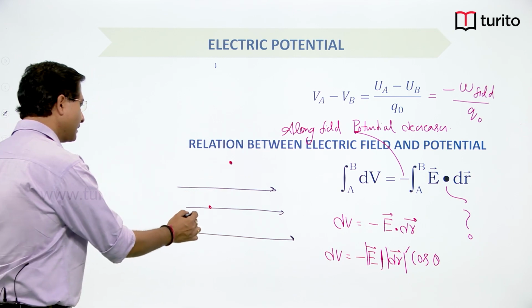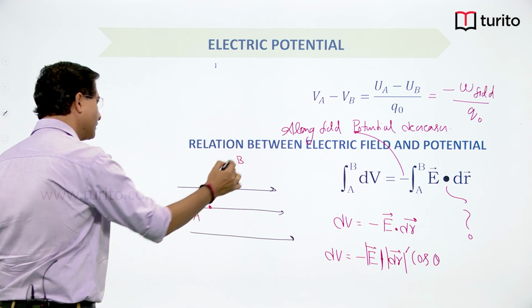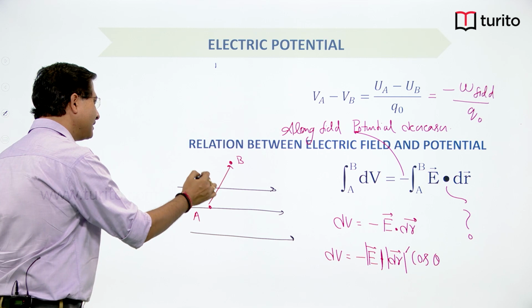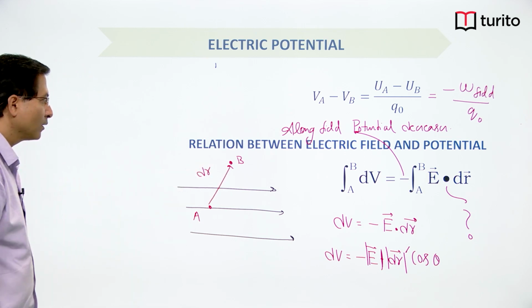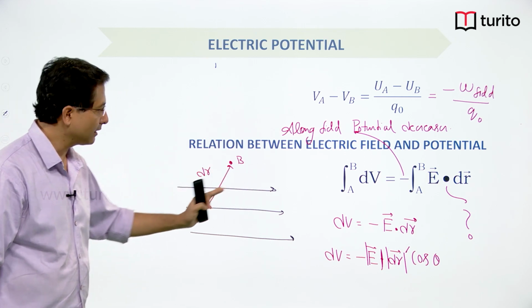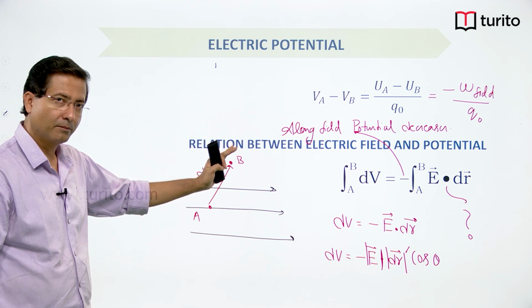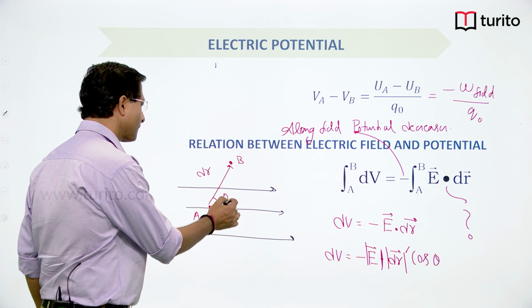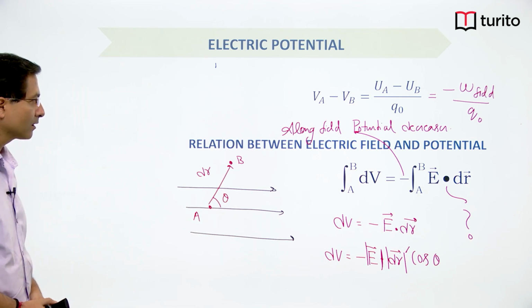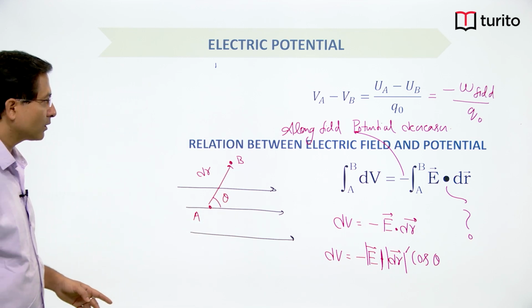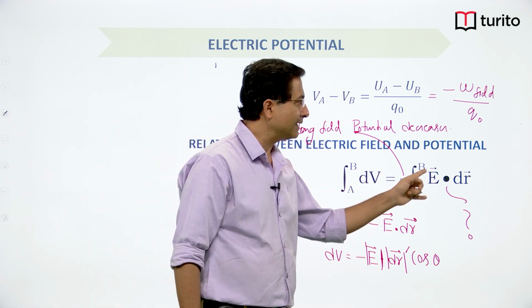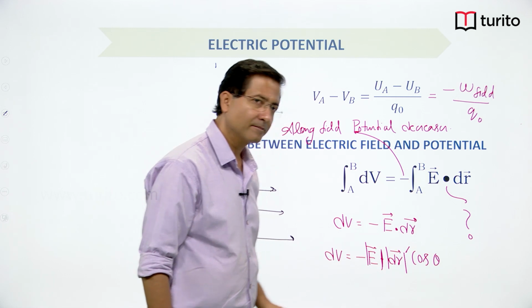Let us call this A, this B, and I am going by distance dr. The field is in this direction and I am going by dr distance this way, and this angle is theta. That means whatever potential difference you are going to get depends on the angle between E and dr.